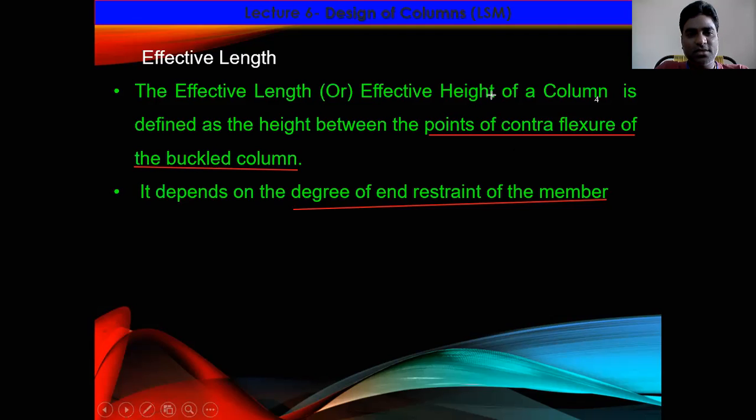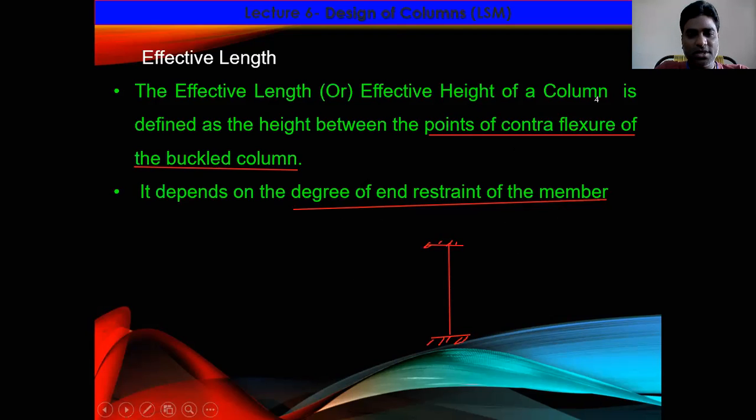Suppose, let us say, you take a column like this. Assuming that both ends are fixed, because the effective length of the column depends upon the end conditions or end restraints. So let us assume here both ends are fixed. For example, I would like to show what is meant by point of contraflexure.